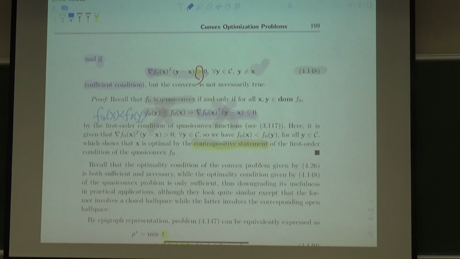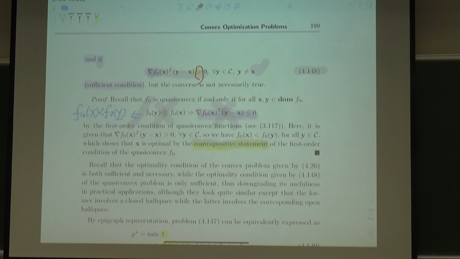If this is not true, then this is not true.